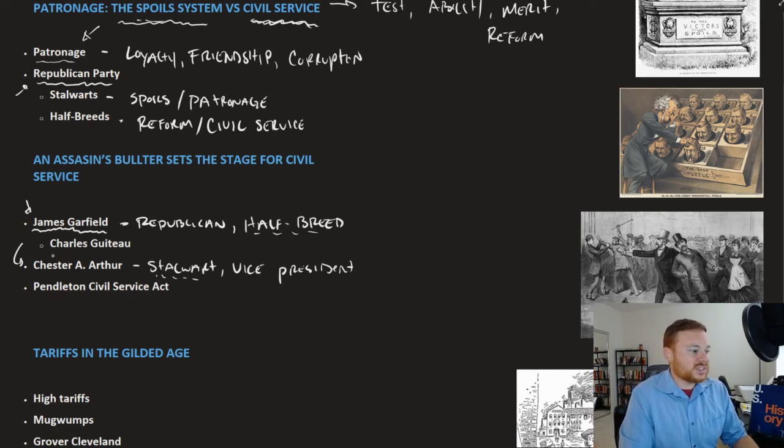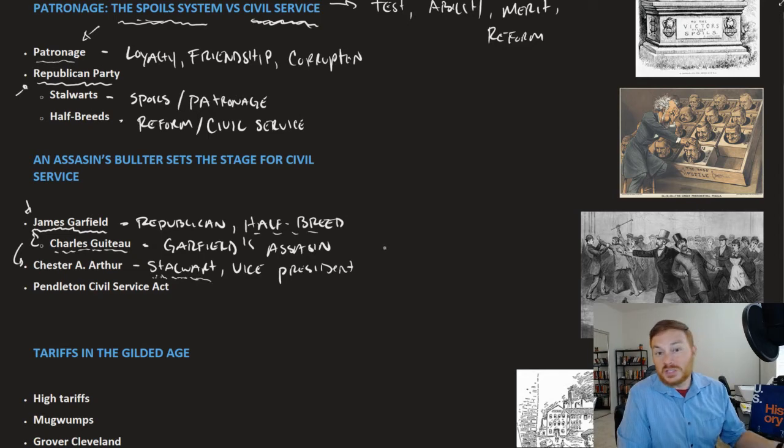However, Charles Guiteau, however you pronounce it, assassinated James Garfield. So he was Garfield's assassin. And the reason was because he wanted to see Chester Arthur become president, because he was a stalwart supporter, right? He supported more of the spoils/patronage side.